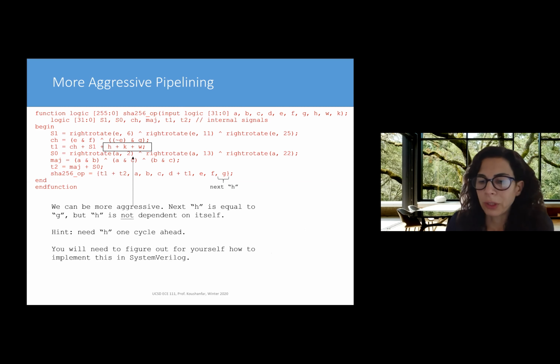Instead of just K and W, we try to pre-compute H, but H is equal to G, which is not dependent on itself. So we could do H 1 cycle ahead.